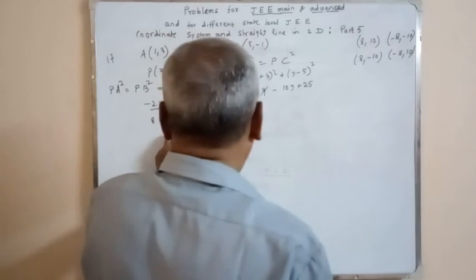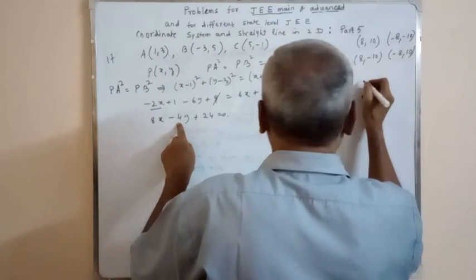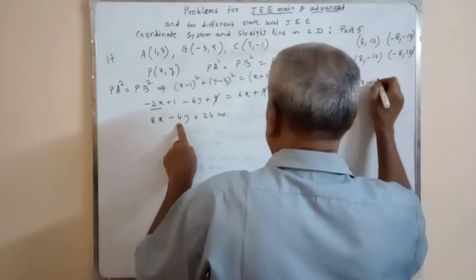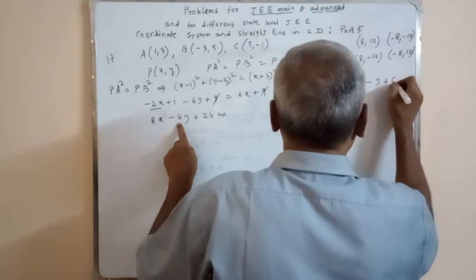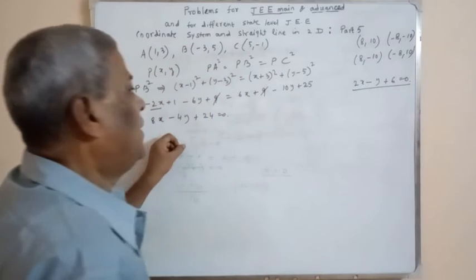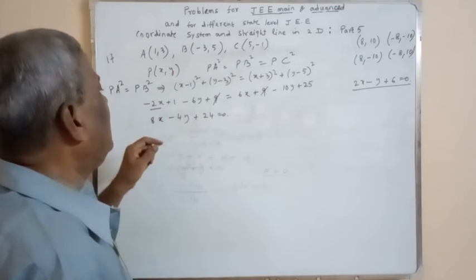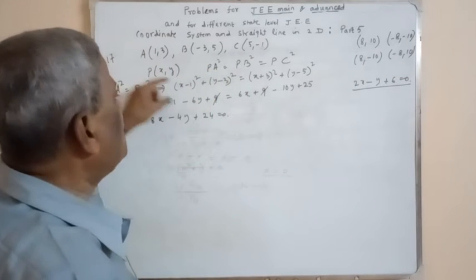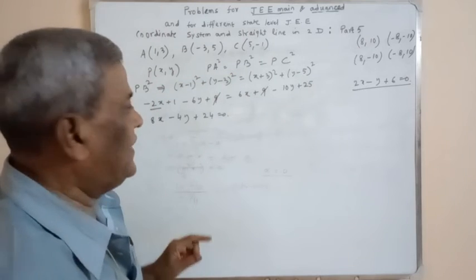That means 4 can be cancelled. We get 2x minus y plus 6 is equal to 0. We get one equation. How did I get it? By considering PA square is equal to PB square.